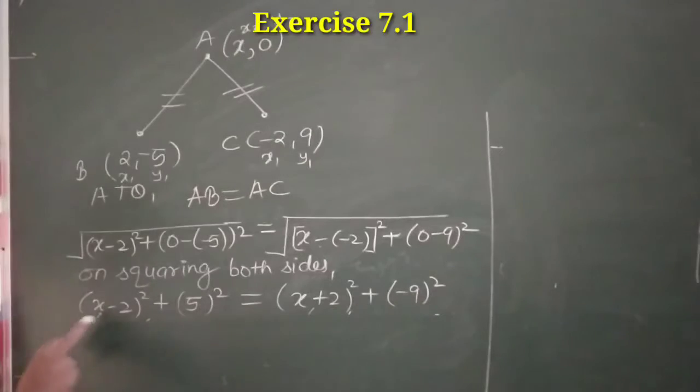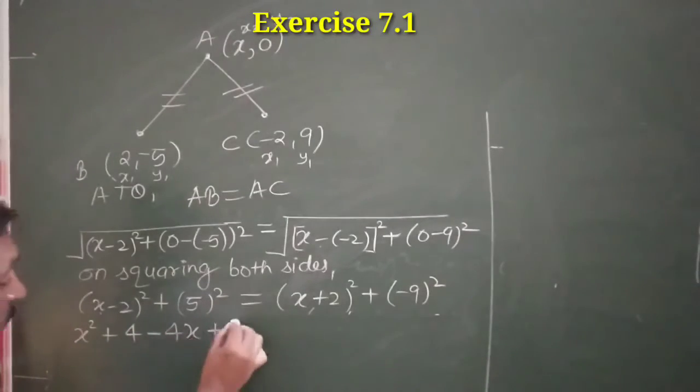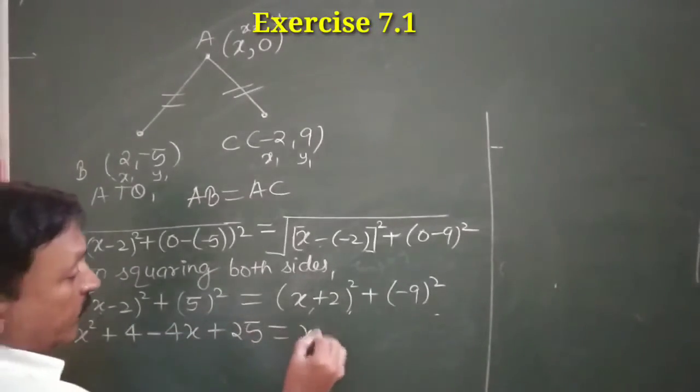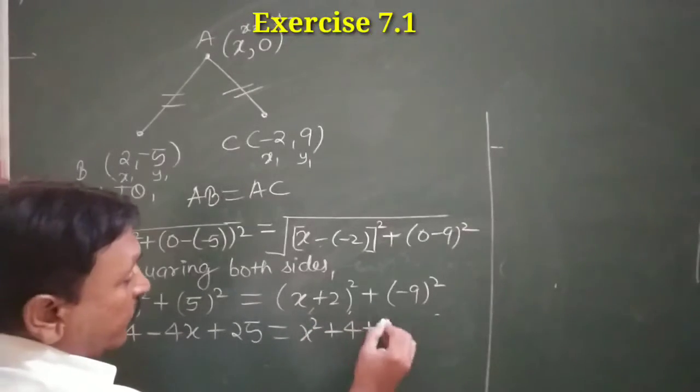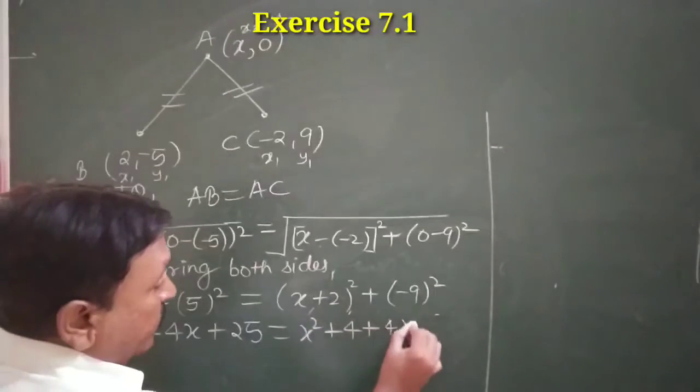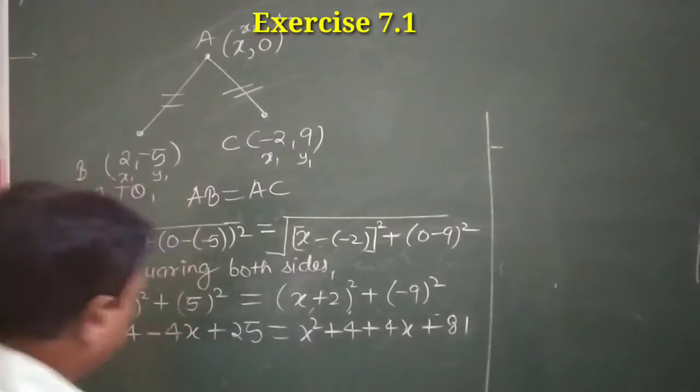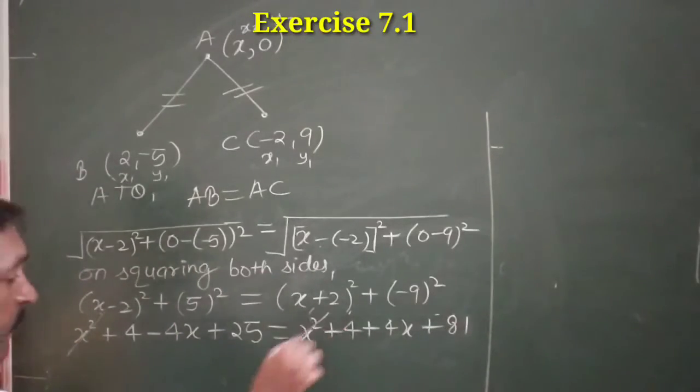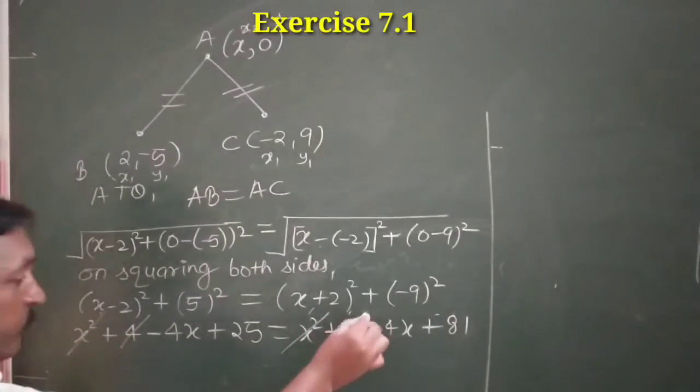Now we have to expand this identity. It is a square plus b square minus 2ab, meaning x square minus 4x plus 25, equals a square plus b square plus 2ab, meaning x square plus 4x plus 81. Now see, x square is cancelled by x square, 4 is cancelled by 4.